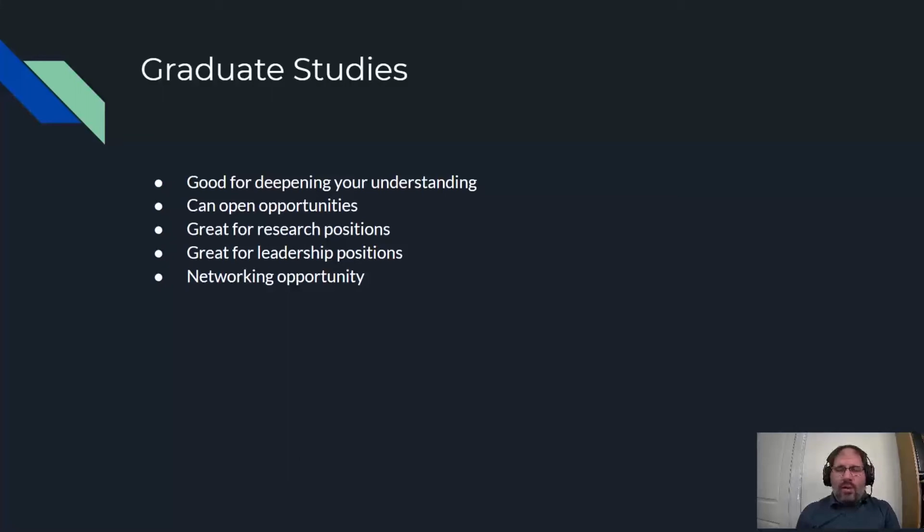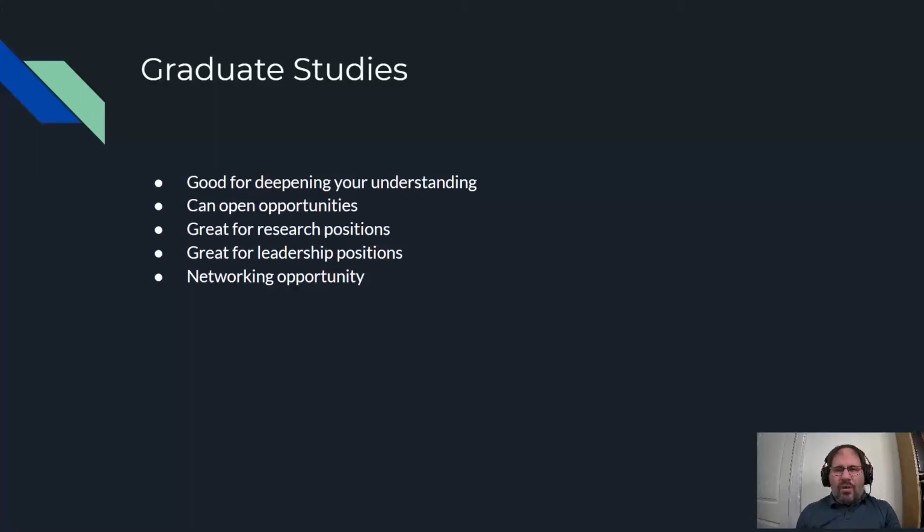Now, at the graduate level, should you go back and get a master's degree? If you want higher level positions, ones that pay more, you probably do. It also deepens your understanding of the field, which is very important. Unfortunately, a lot of these degrees focus on the technical above anything else. It won't focus on AI ethics. It may not focus on how human intelligence works, unless you take extra courses, which means more time, more effort on your part, but it can open up a lot more opportunities.